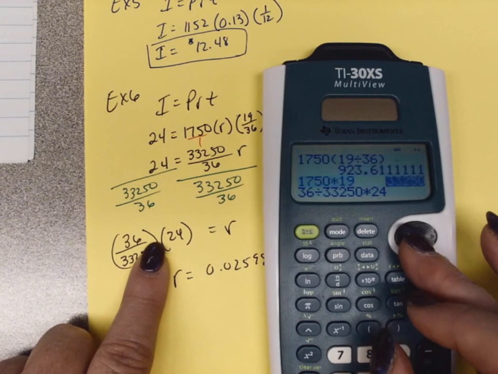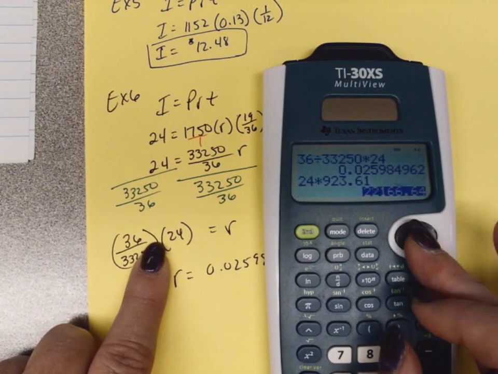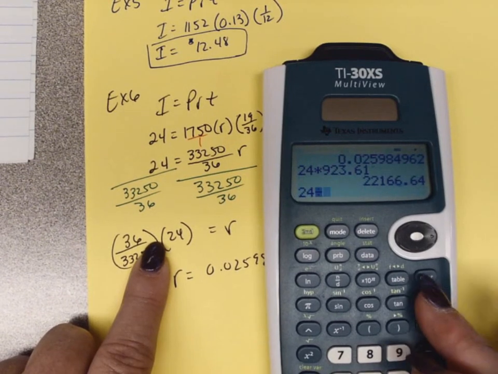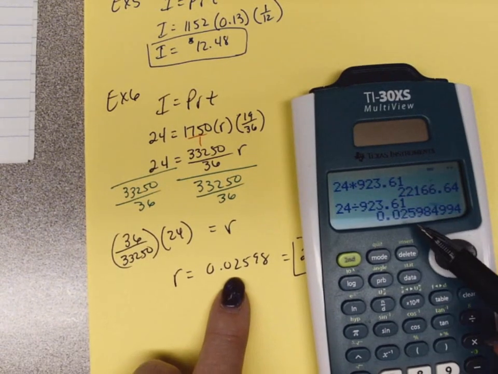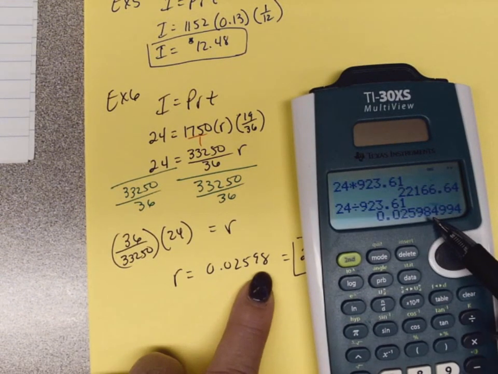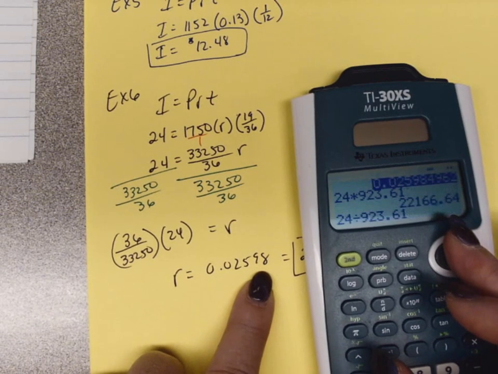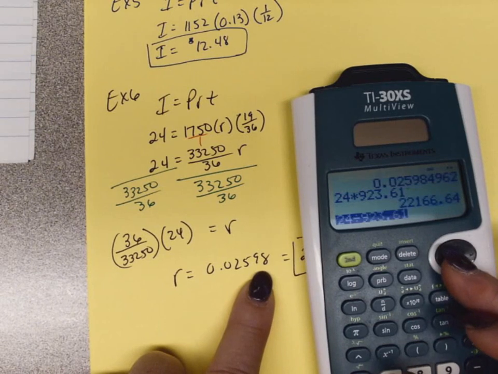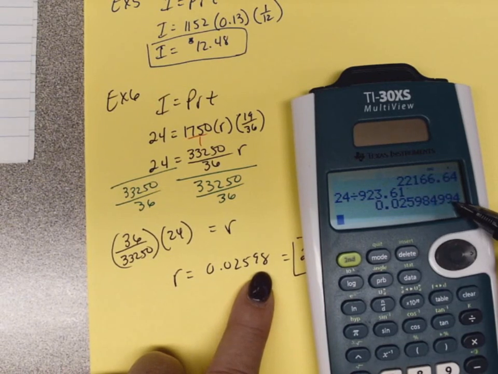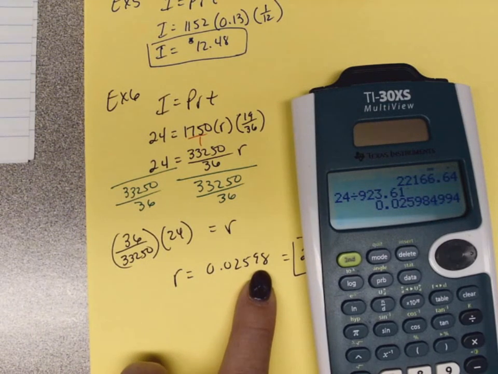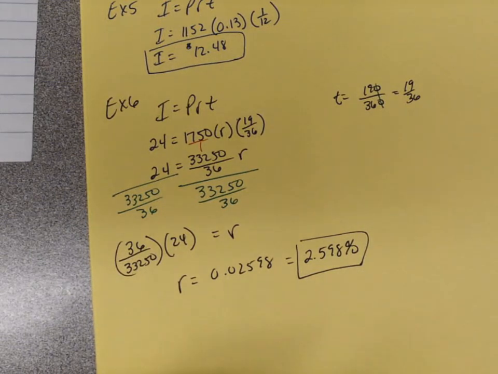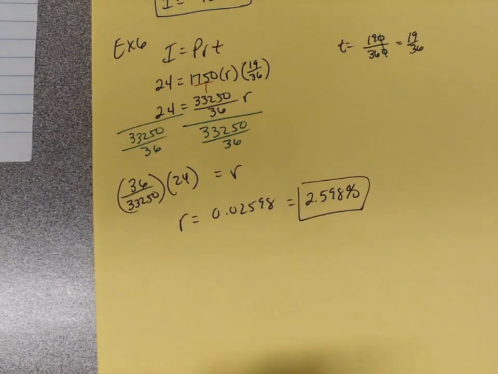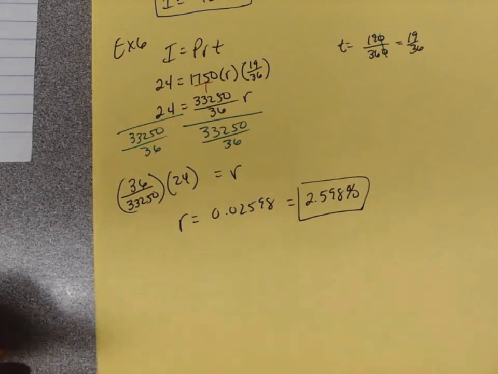I multiplied, sorry. So we take 24 and divide by 923.61. And it's very similar, 0.02598. It has a few more decimal places versus 4962, and it goes 94. So it wouldn't have made a big difference in ours, but you have to be careful that sometimes it will make a difference in your answer. So that's why we're going to leave it as a fraction.